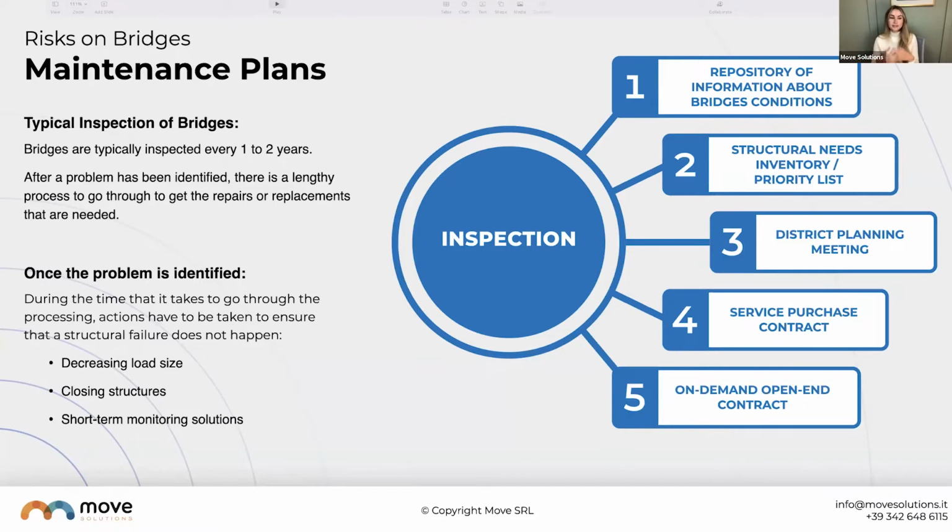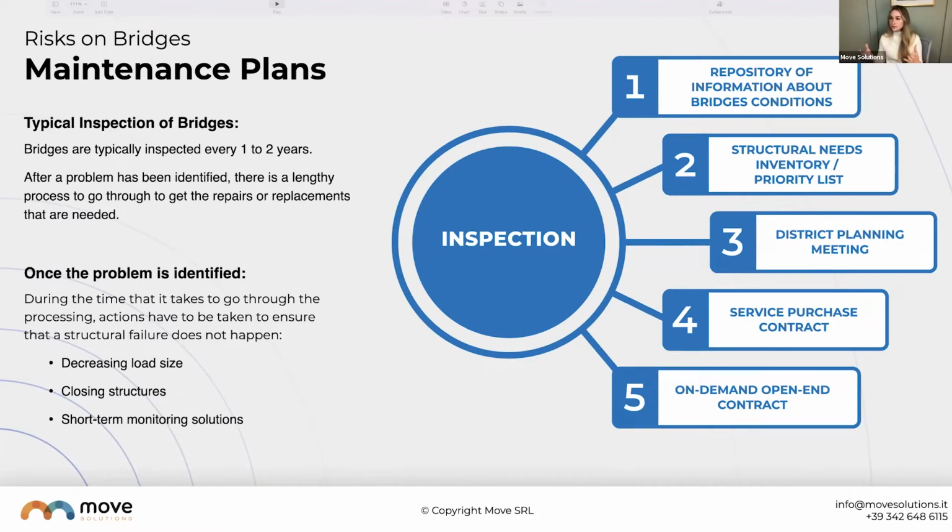And once that problem is identified, depending on what the problem is, there are various actions that need to be taken to ensure the safety of that structure and ensure that it's not degrading further while we're going through all of this processing. That could include decreasing the load size on the structure, closing the structure, or short-term monitoring plans.